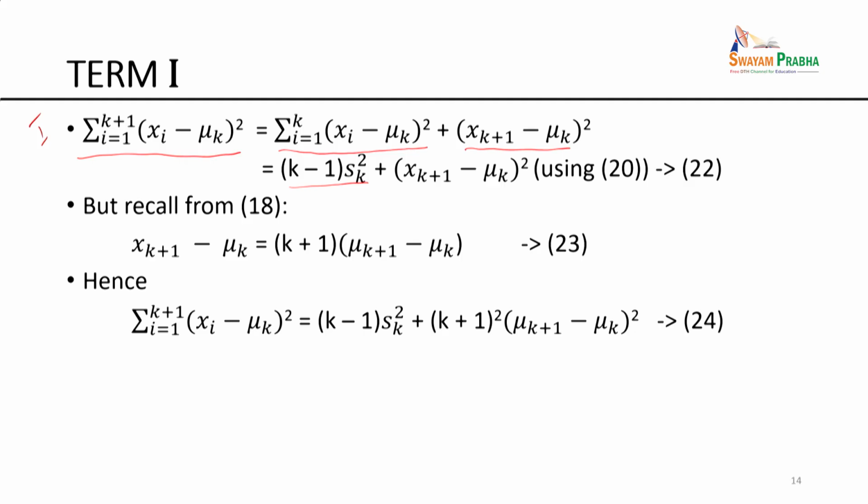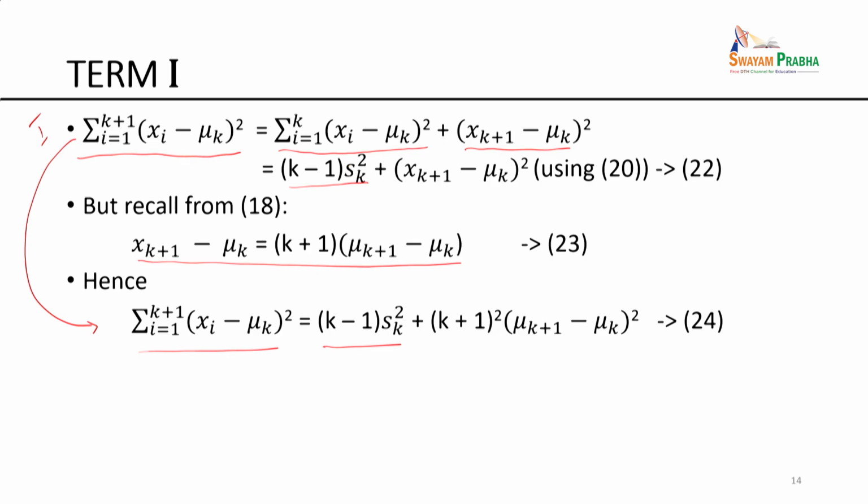observations. We also know from the update of the sample variance, xk plus 1 minus mu k. What is that? This is the difference between the new observation and the old average. That is equal to k plus 1 times mu k minus 1 minus mu k. Hence, xk plus 1 whole, this quantity now becomes k minus 1 times xk square.